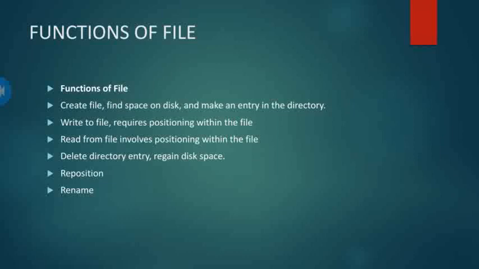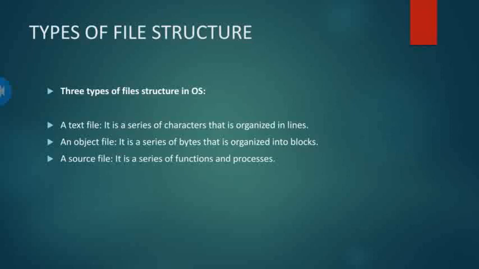So these types of questions are normally asked in your final paper regarding files. What is a file? What are the operations of file? What are the file access methods? Sometimes it can be like what is the file structure.